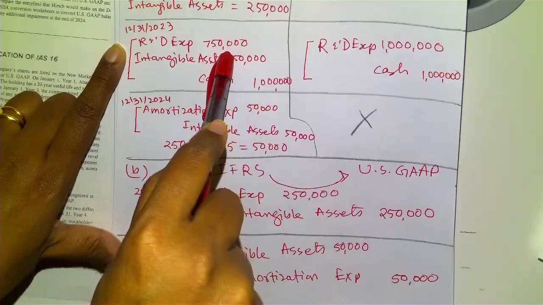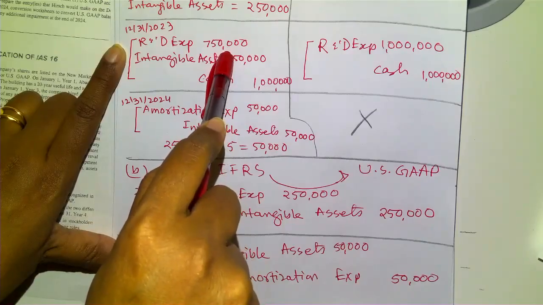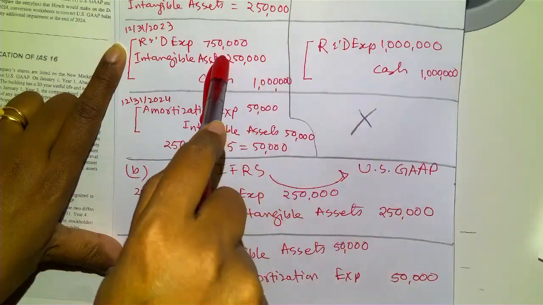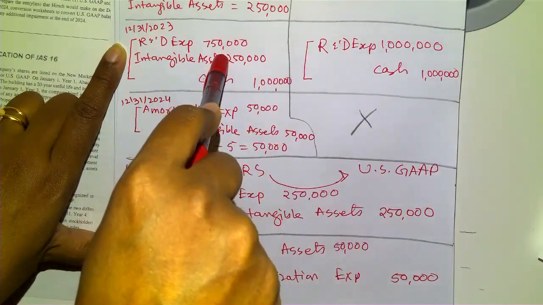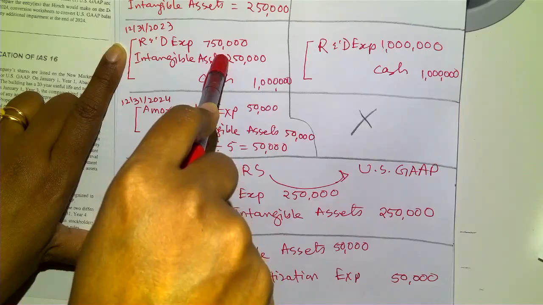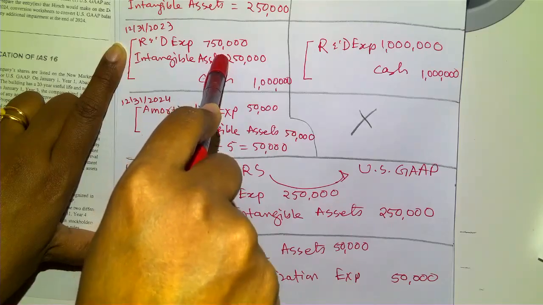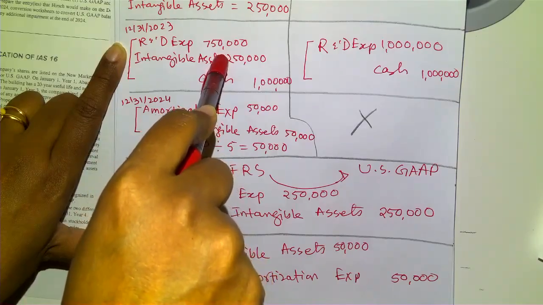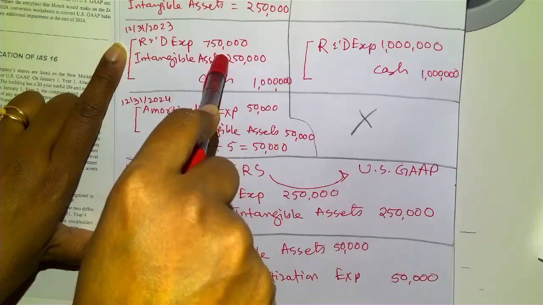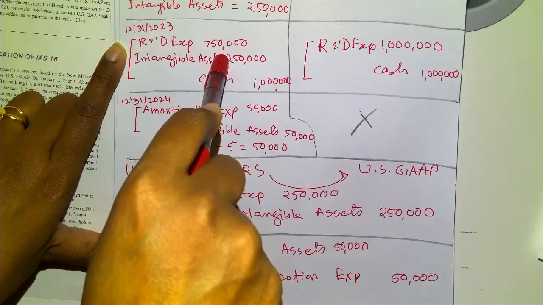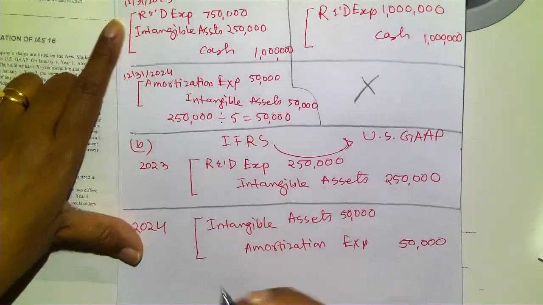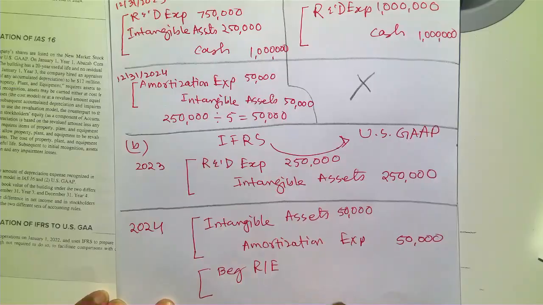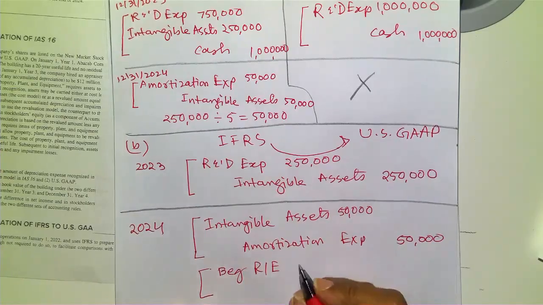Their net income was higher or lower? Higher, higher by 250. Their retained earnings were higher or lower? Higher. So I need to reduce retained earnings. Reduce retained earnings means debit retained earnings. So debit beginning retained earnings. This is my last year's impact. Beginning retained earnings.